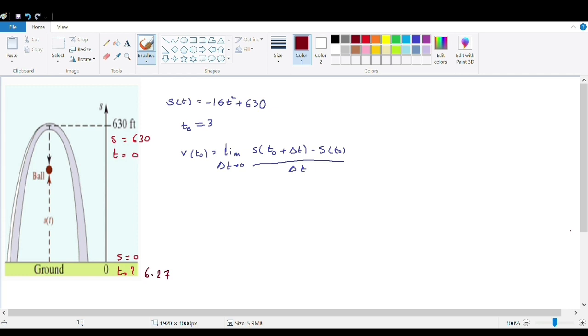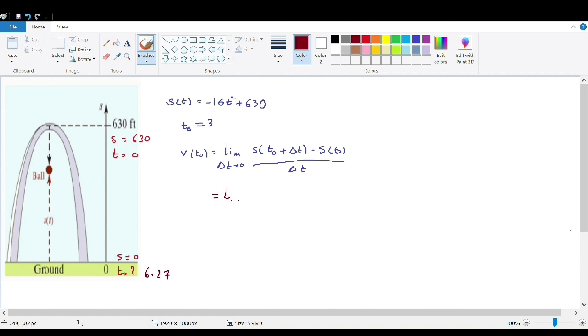So for this part, we are asked to find the instantaneous velocity at t is equal to 3 seconds. So here we have t naught is equal to 3 seconds, and we know that the definition or the rule for the instantaneous velocity is given by v(t naught) is equal to the limit of s(t naught plus delta t) minus s(t naught) over delta t when delta t approaches 0.